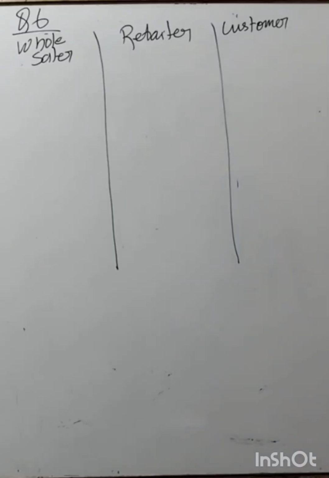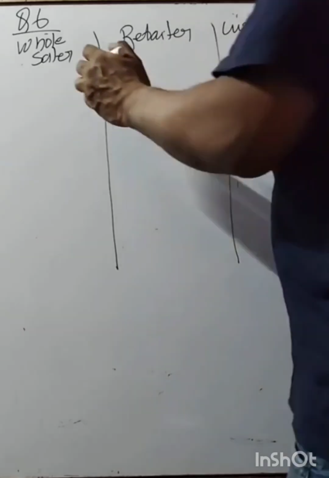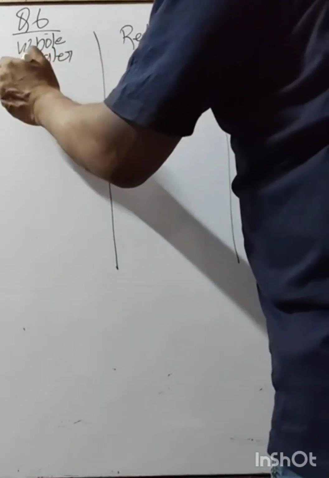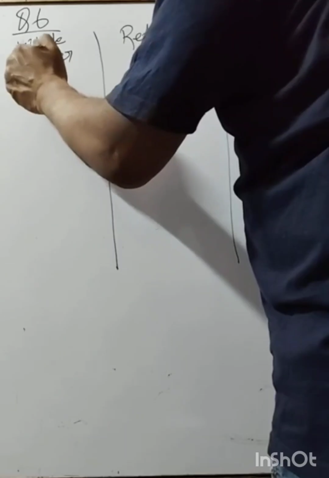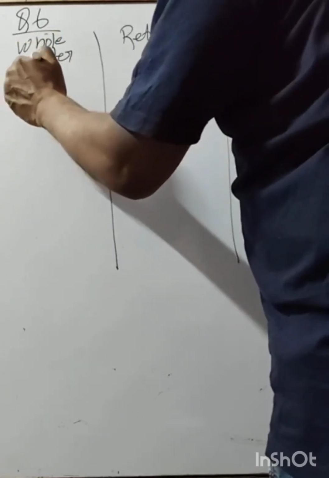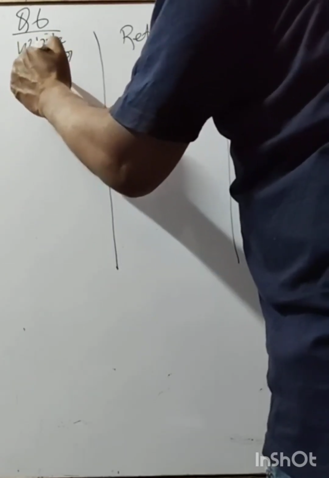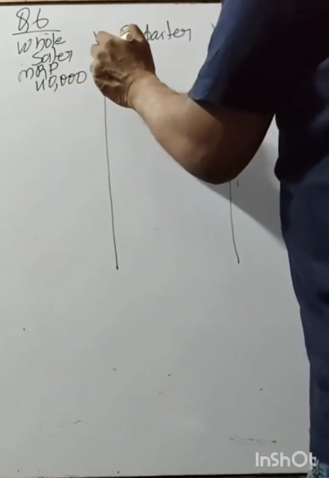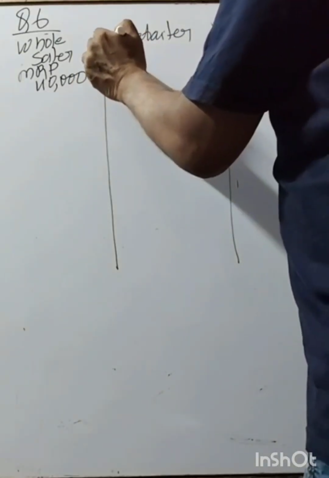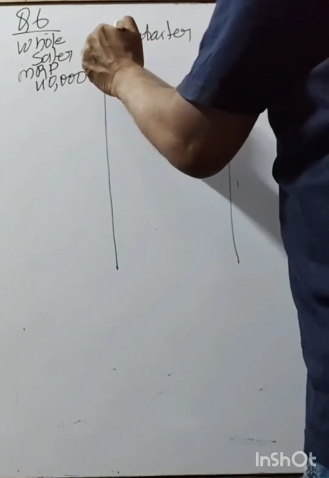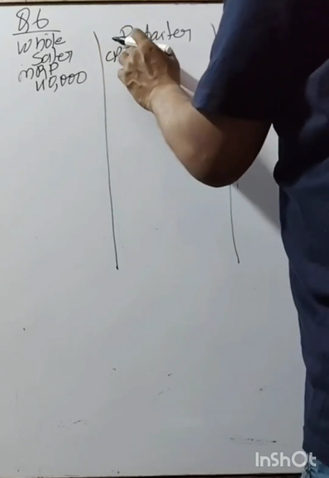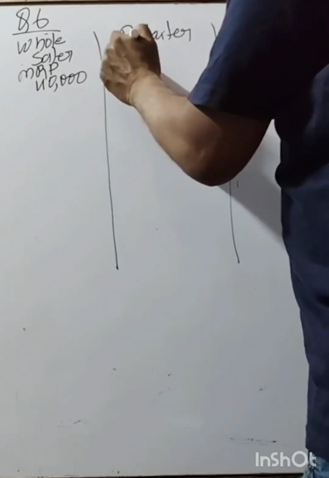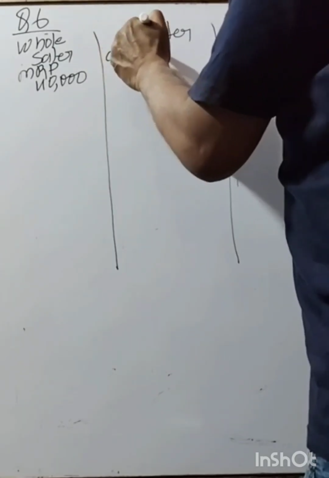Now, retailer buys a TV from wholesaler at 40,000. MRP is 40,000. So his CP is equal to 40,000.